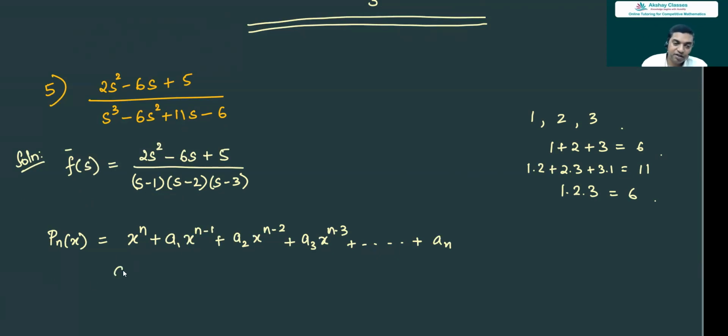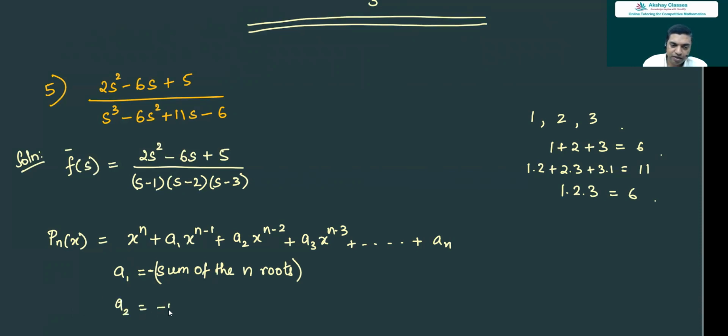What happens is a1 will be sum of the roots. Actually, it should be minus, because sum of the roots will be minus the coefficient of this upon the coefficient of the highest term. So minus b by a, we say? So this is minus.